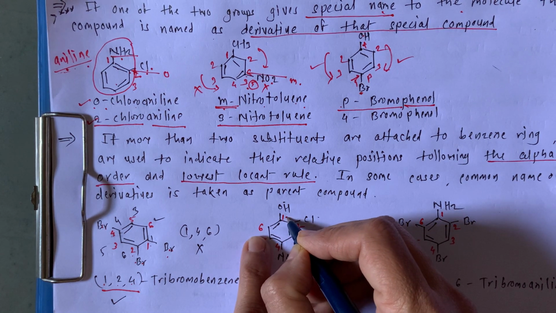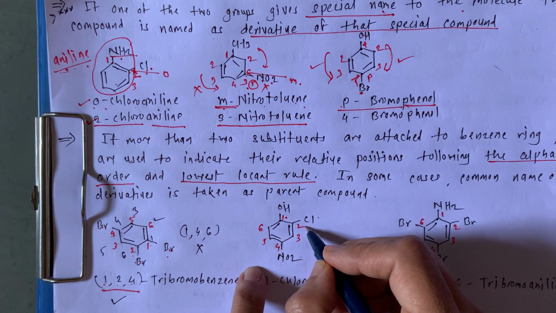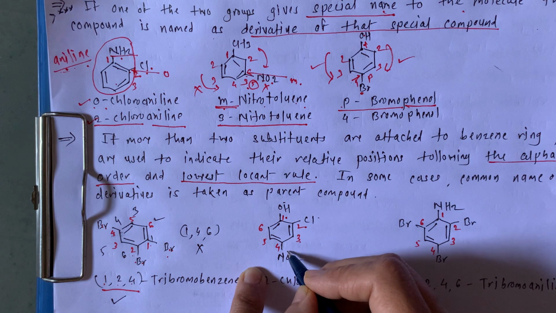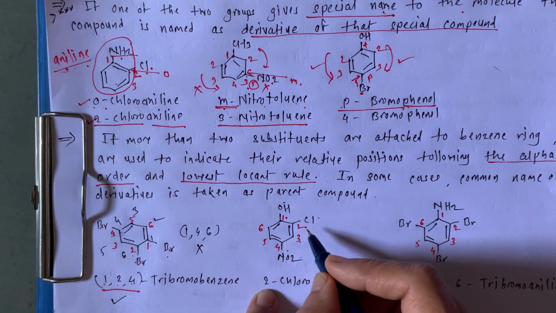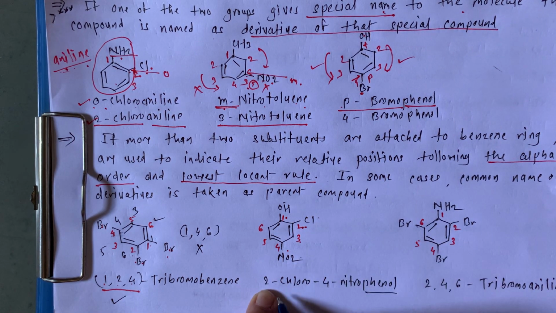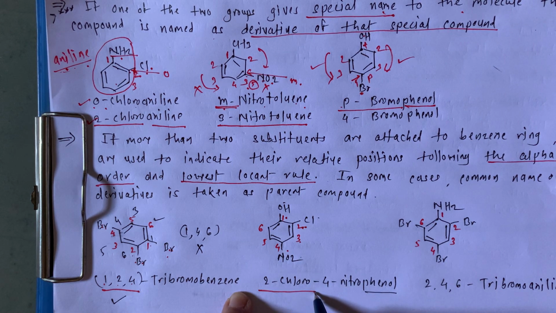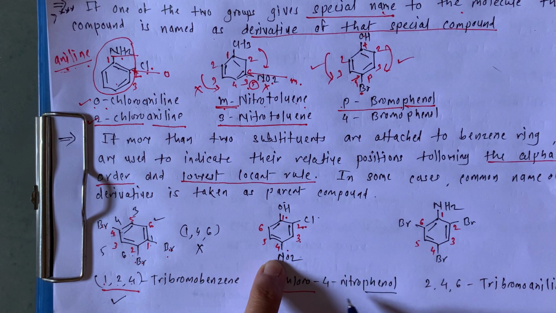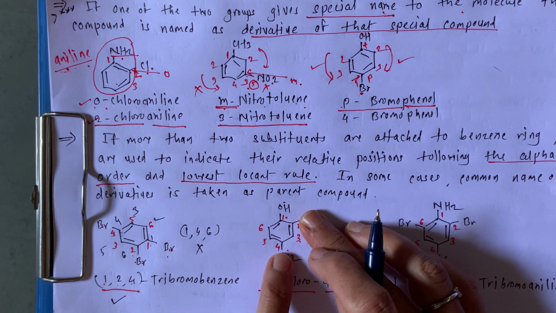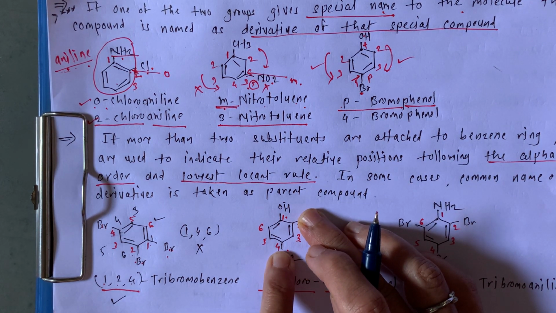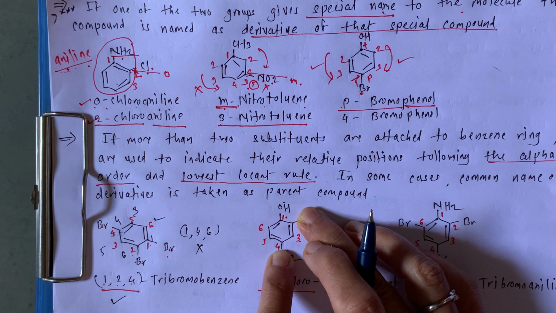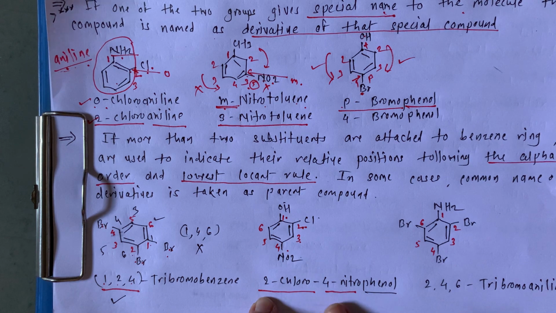So this is number 1, then this is number 2, then 3, and this is 4. At the second position there is chlorine, so this is 2-chloro. At the fourth position there is nitro, so this is 4-nitro. The basic aromatic compound is phenol. So this is 2-chloro-4-nitrophenol.